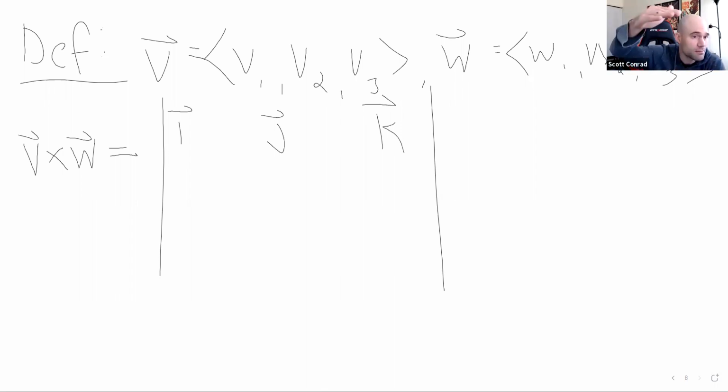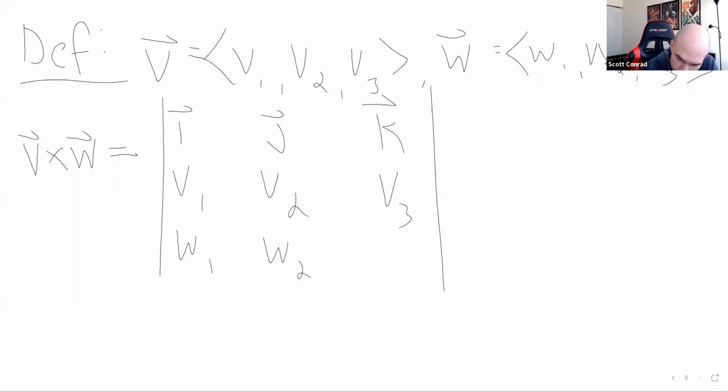The second row is V1, V2, V3. The order of the vectors matters, so this has to be the components of the first vector in the cross product. And the third row are the components of the second vector, W1, W2, W3.